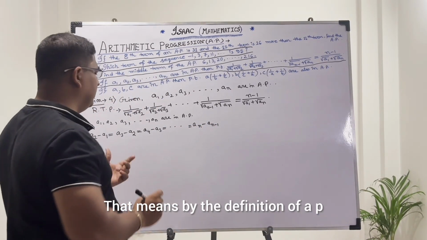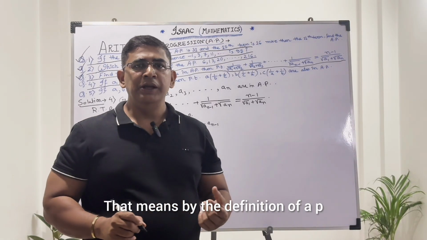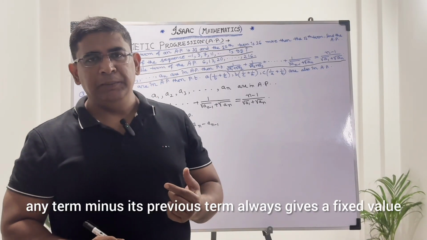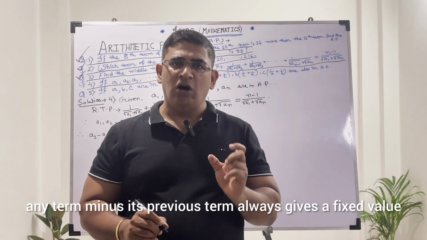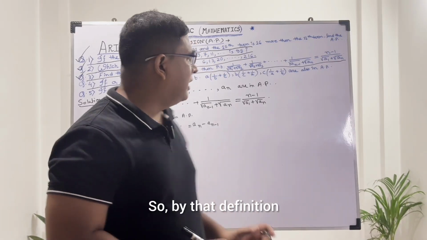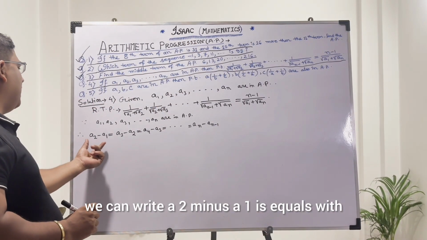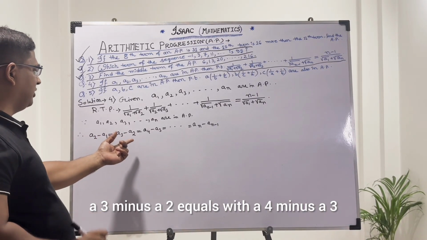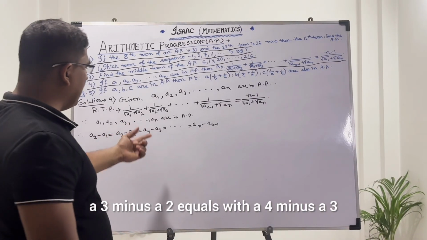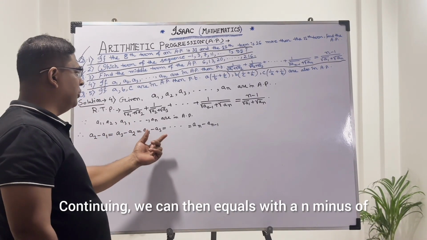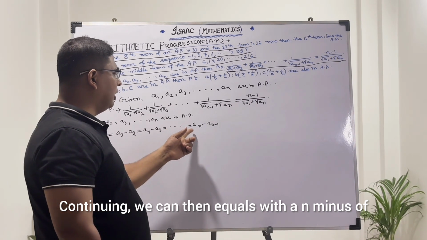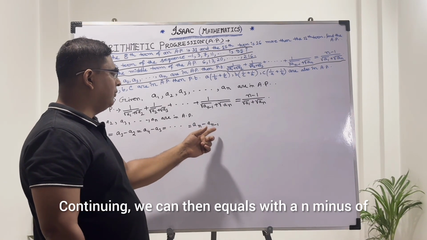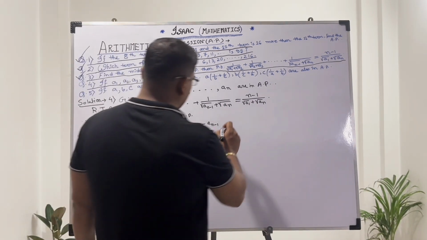Okay. That means by the definition of AP, any term minus its previous term always gives a fixed value. So by that definition, we can write A2 minus A1 equals A3 minus A2 equals A4 minus A3 continuing, and then equals AN minus A of n minus 1.